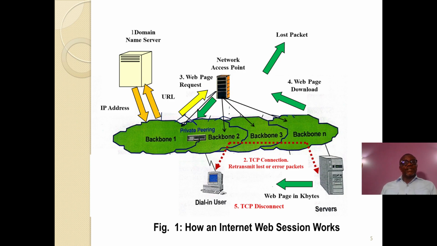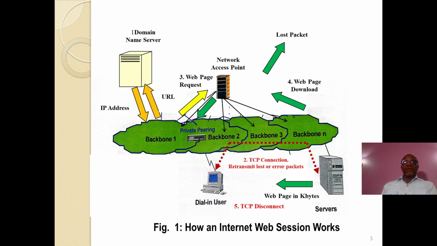When it finds it, it returns it with the IP address to the backbone. If it doesn't find it until it gets to the last in the hierarchy, which is known as the root server, then the root server will send it through the network access point to another backbone, or through the private peering to another backbone, to look for it in the next backbone.